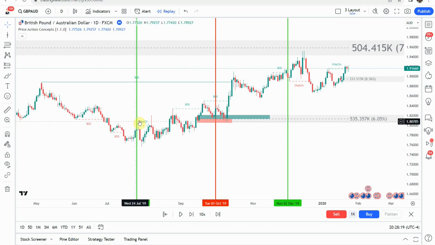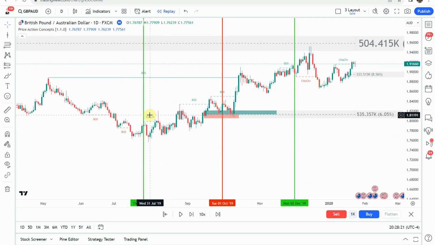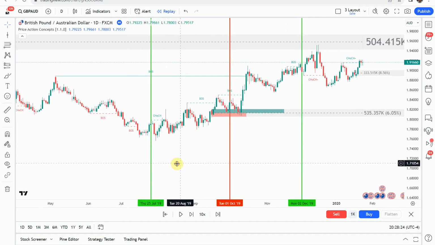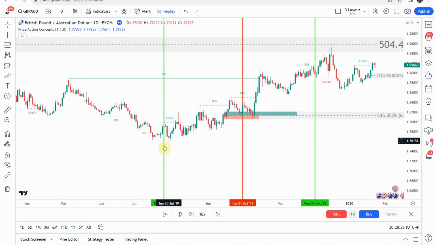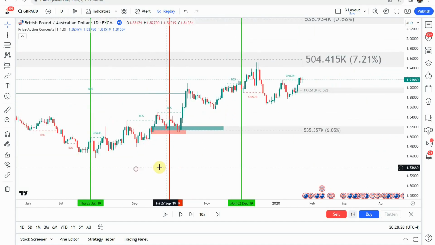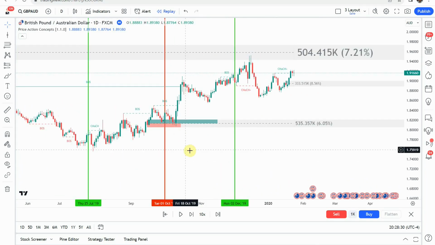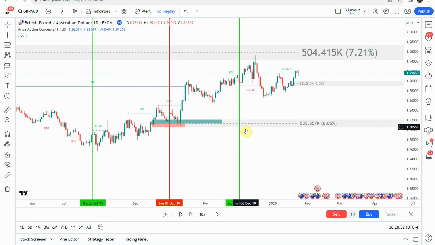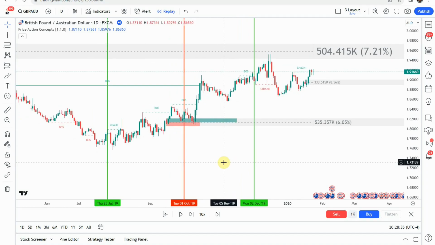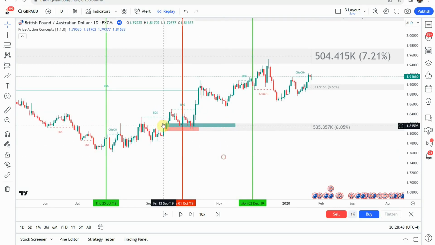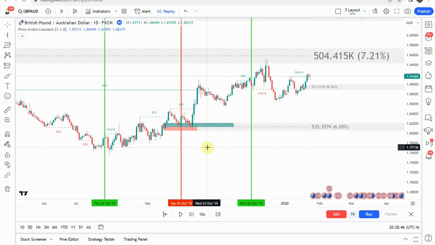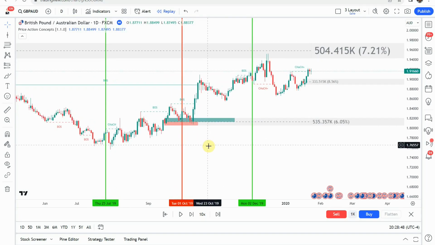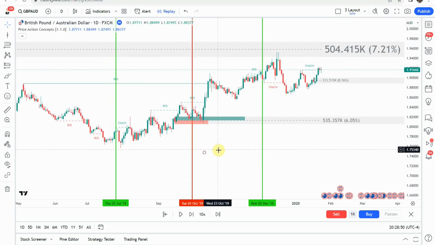And so the change of character, I think, is a really nice way of identifying those areas when the trend is officially being broken. And then again, it's giving these volumetric order block zones, which I think is a very cool addition onto this. It's basically like a volume profile, if you will, but a lot easier to read and a lot easier to understand, and placed on chart in a way that makes really good sense with price action.